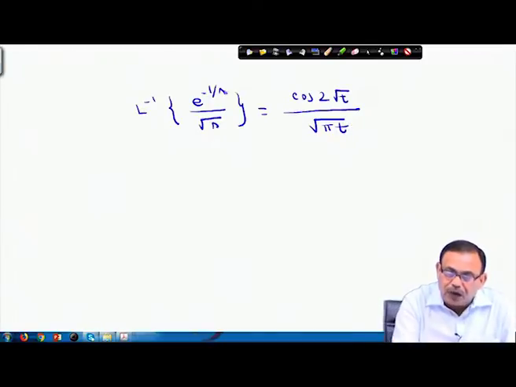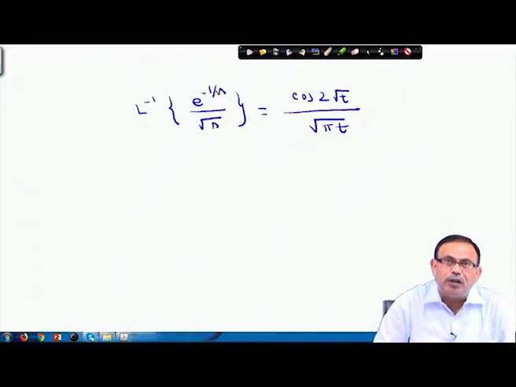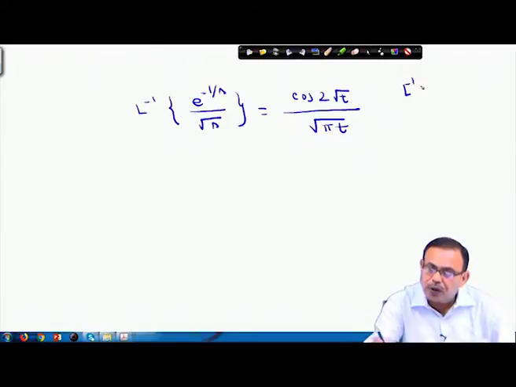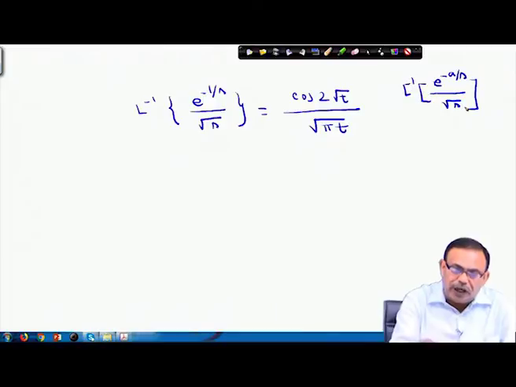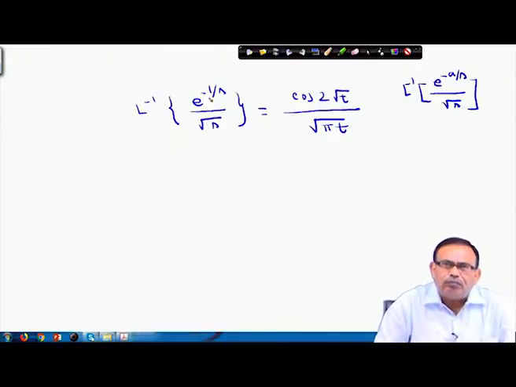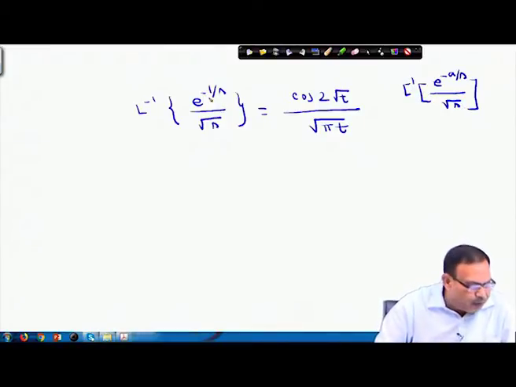So, now here what I have to do, s should be replaced by which quantity, so that I can get, please note this one, I have to find out Laplace inverse of e power minus a by s by root over s. I have to find out this thing. That means, s should be replaced by something, s by k or whatever it may be.